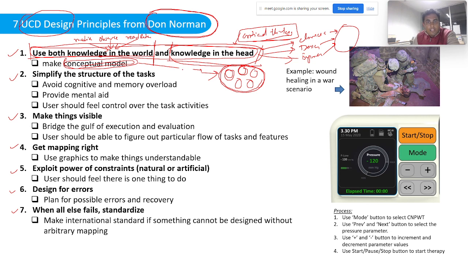Now, once you come up with the conceptual model, the next task is to simplify the structure of tasks. Whenever you are designing a particular product, first you come up with the conceptual model.